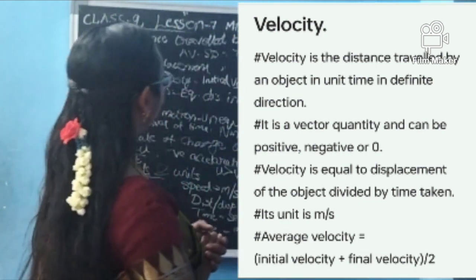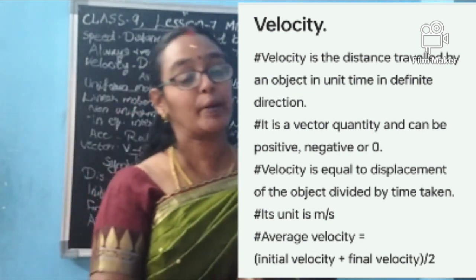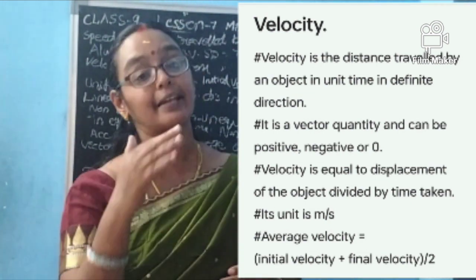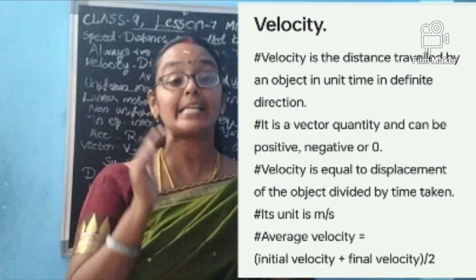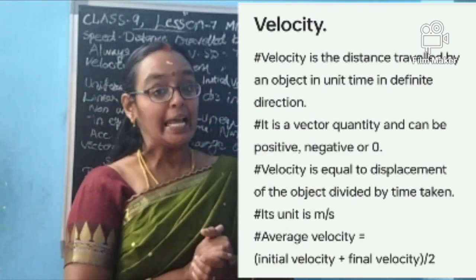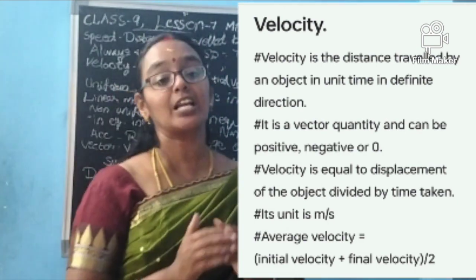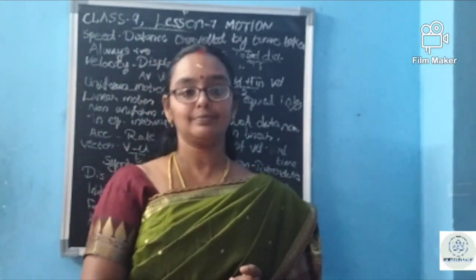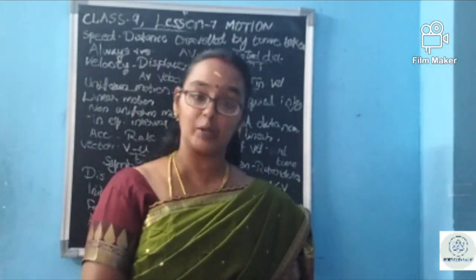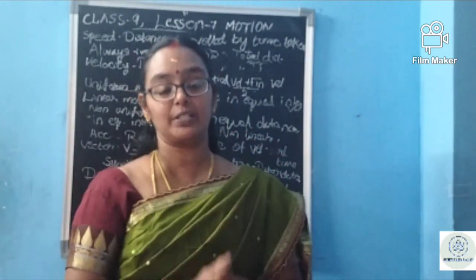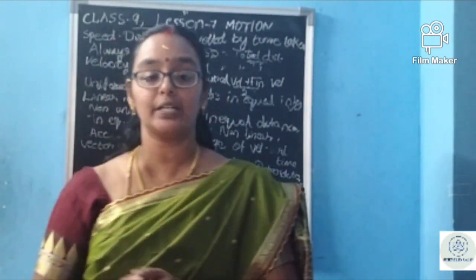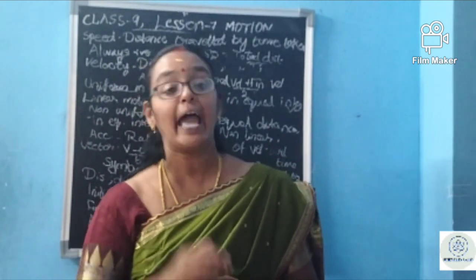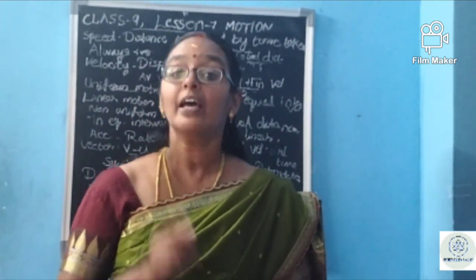What is average speed? Average speed is the total distance divided by time. What is average velocity? It is the initial velocity plus final velocity divided by 2. You have to find the initial velocity, then the final velocity, and that divided by 2 will give you the average velocity, and it is always a vector quantity.